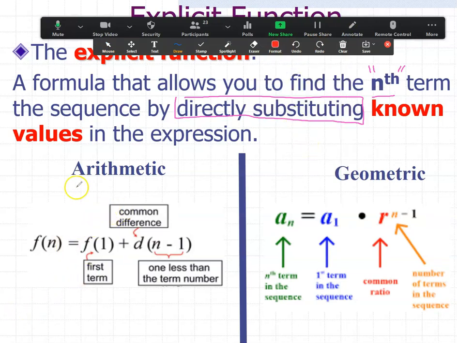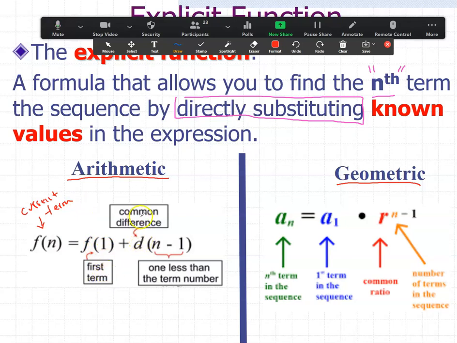On this side over here, you have the arithmetic example or the formula. And on this side over here, you have the geometric formula. F of n is considered the current term. F parentheses 1 is considered your first term.